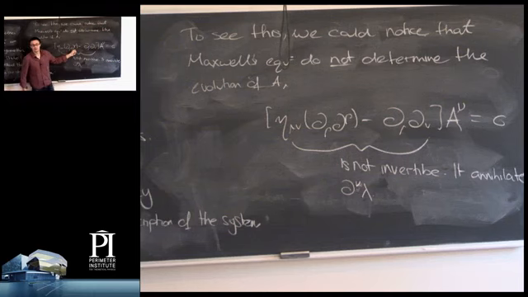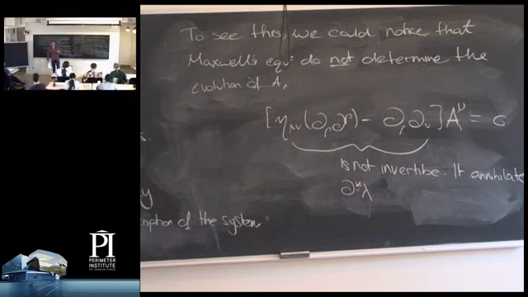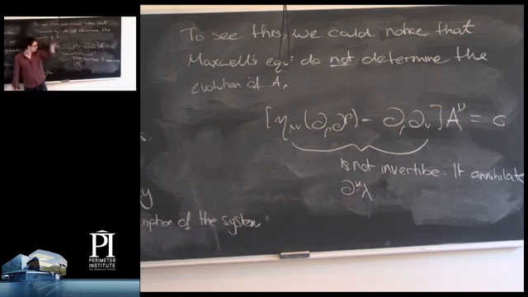What does that mean? It means that we've got no way of uniquely figuring out what A is doing. We've got no way of knowing if a given A at some initial time evolves to a particular A at a later time, or to A plus something of this form, because this operator just doesn't distinguish between those two cases.